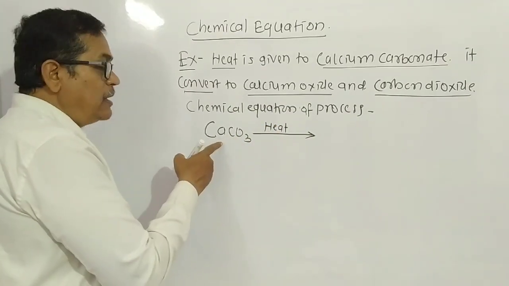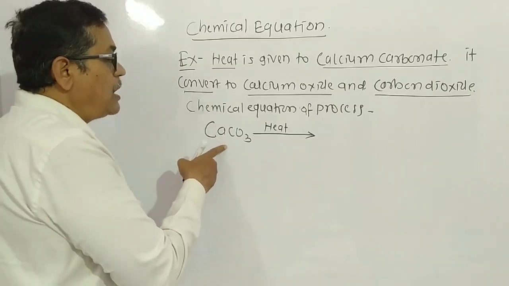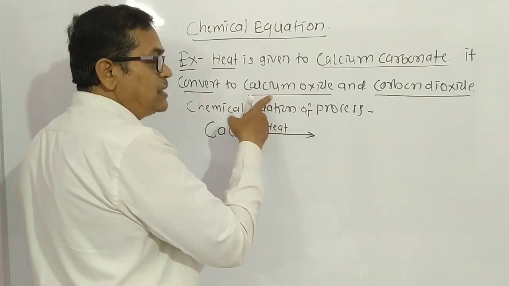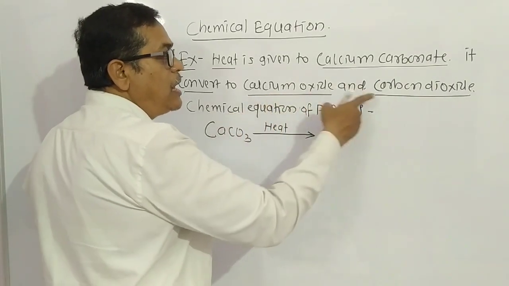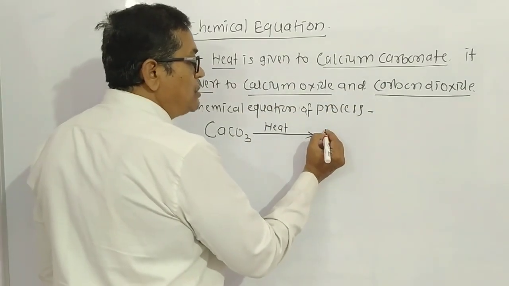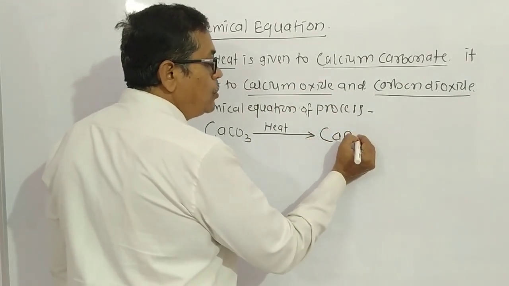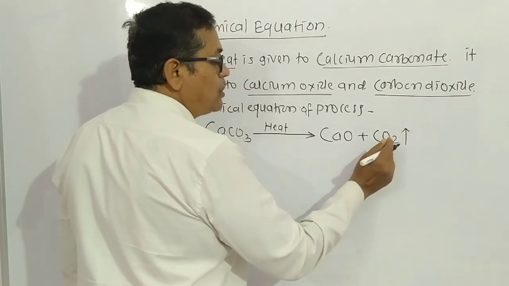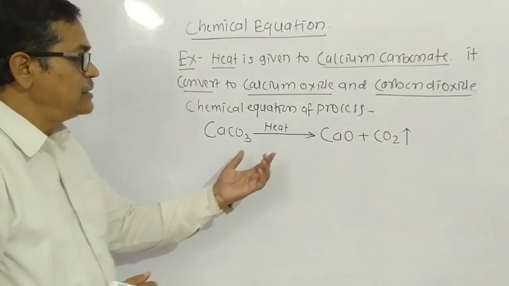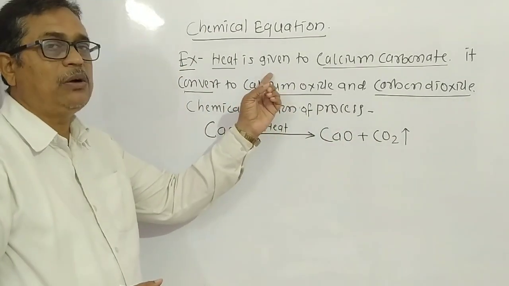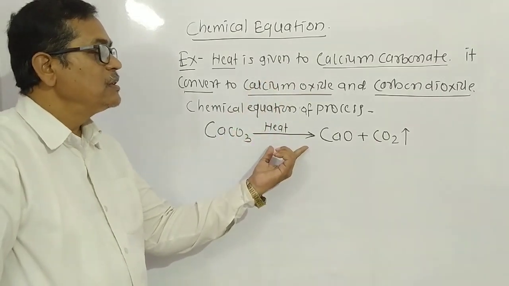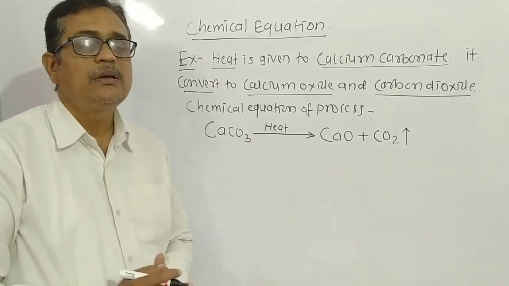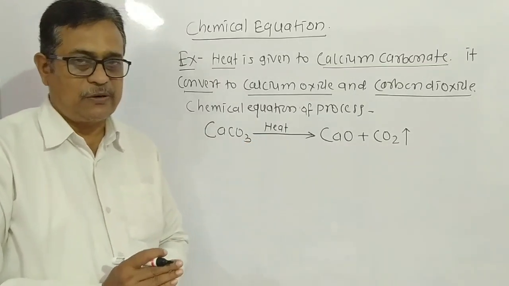By giving heat, the compound gets decomposed. Two products are there. It is necessary to know the formula of calcium oxide and carbon dioxide. Calcium oxide, that is CaO, plus carbon dioxide, that is CO2, with an upward arrow to indicate the gas. This is the short representation of this process by using molecular formulas and symbols of reactants and products. That is called a chemical equation.